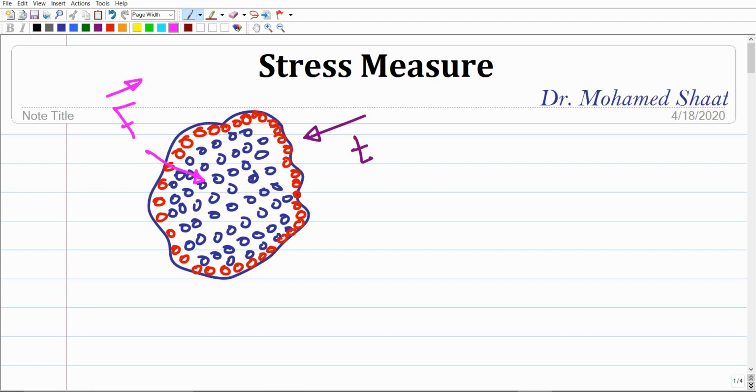They would be interactions between the particles, the weight of the particle, meaning the gravitational force, an electrical force, magnetic force, or thermal force: any force acting on a particle located inside the core. We collect all of these different types of forces into a body force. So this is the body force, right?